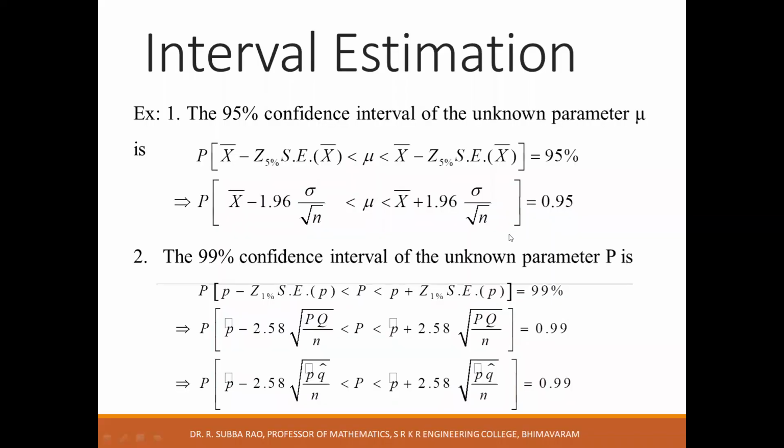Similarly, for 99%, for the population proportion P, the critical value is 2.58: probability of p minus 2.58 root of PQ by n less than P less than p plus 2.58 root of PQ by n, which is 0.99. These are the interval estimations for the population mean mu and the population proportion P.